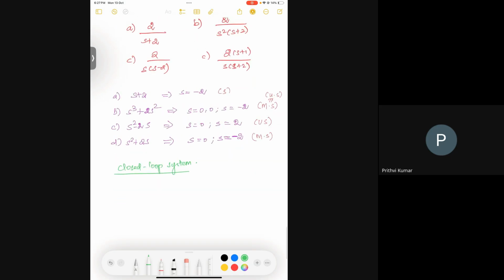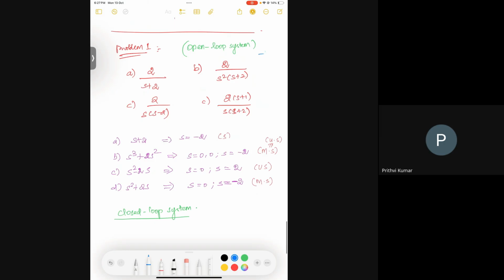Now we will try finding the closed loop system first, then we will do the same thing again. We'll compare the open loop nature and the closed loop nature of the system. Now how will you find the closed loop equation? I consider everything to be a unity negative feedback system.